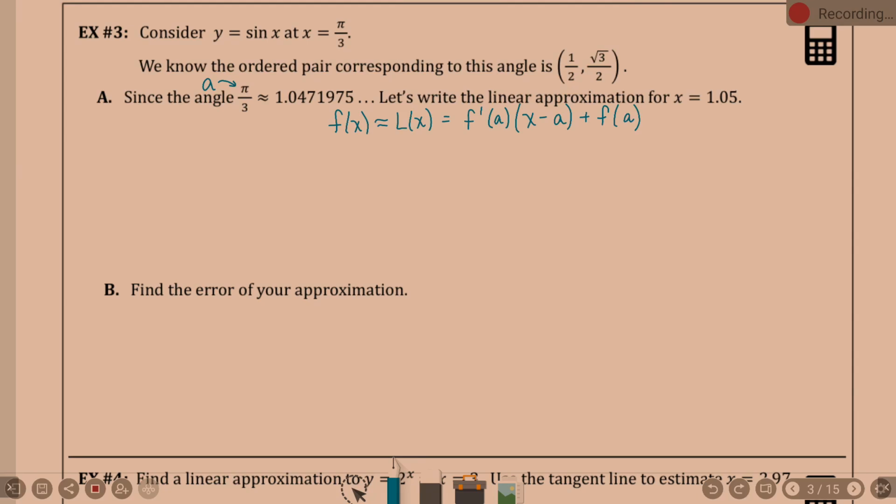Yeah, I do. For our ordered pair, if it's pi over 3, what's the y value going to be? In other words, what is sine of pi over 3?